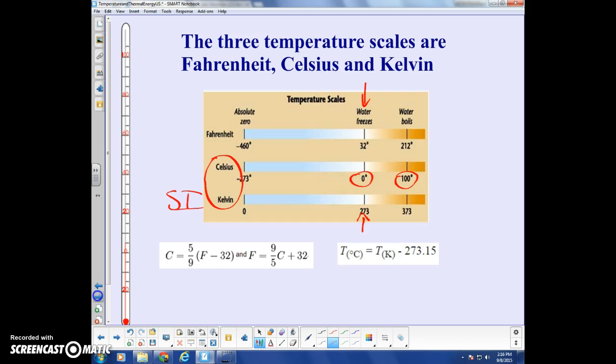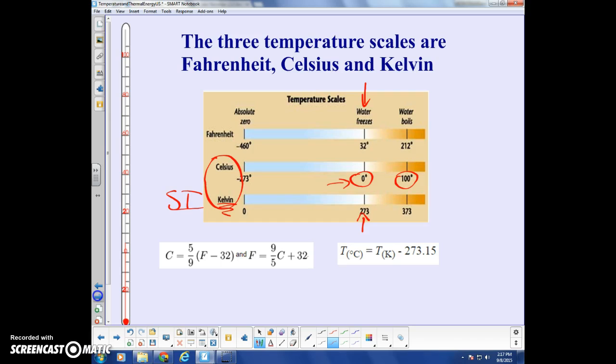So there's no difference in the amount of energy that we're measuring. It's just where the numbers are set. For us in standard life, outside of the science classroom, it's easy to think about water freezing at 0. But scientists use Kelvin because it's a more accurate way. That way it starts at 0 where there's no motion and just continues higher and higher.